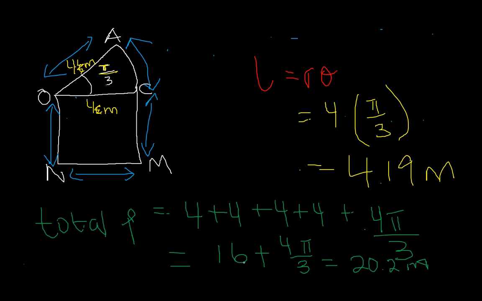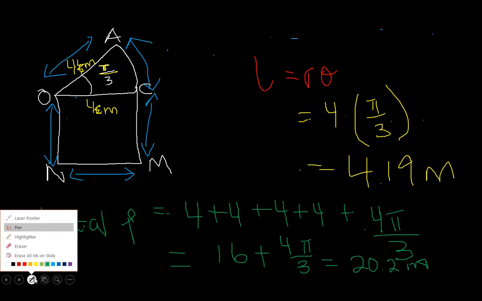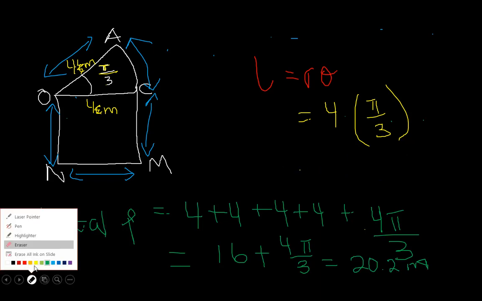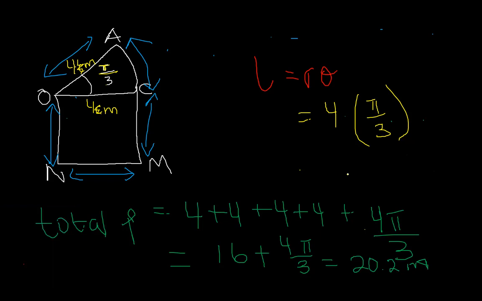Hold on. Wait. No. Quick thing. See, this is why it's important to pay attention to what they want. This particular question, so not for all questions, right? But this particular question asks you to write your answers in terms of pi. Therefore, for this one, you wouldn't put the 4.19. You'll leave it as 4 pi on 3.